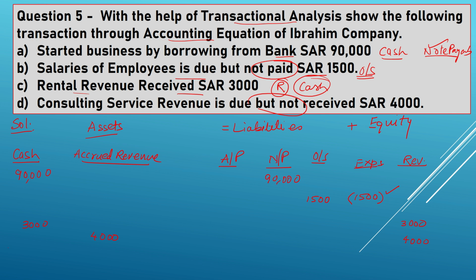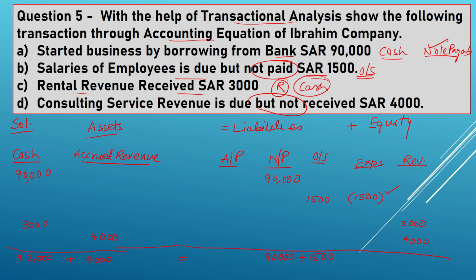Okay, so now all the transactions are done. I will make the balance of all. So here 93,000 for cash, accrued revenue is 4,000. Okay, so total becomes 97,000. Come to the right side, under the liability we have 90,000 plus 1,500.